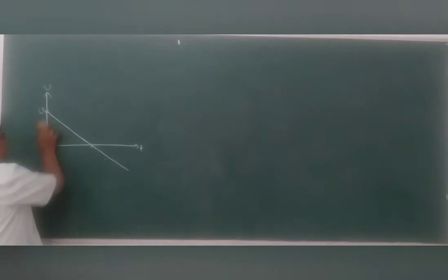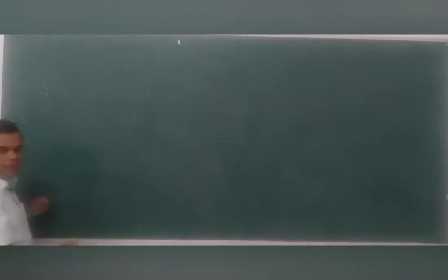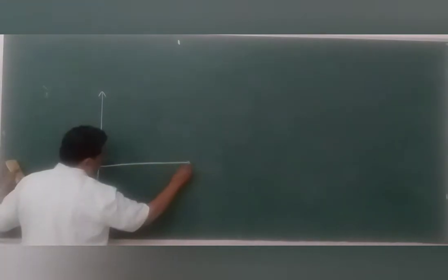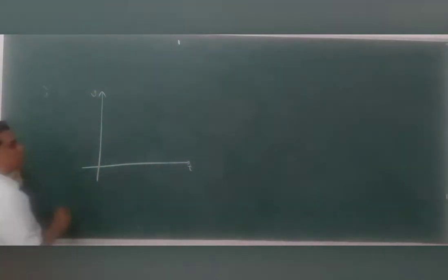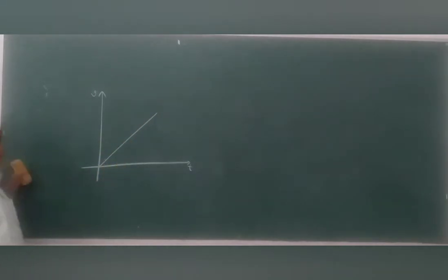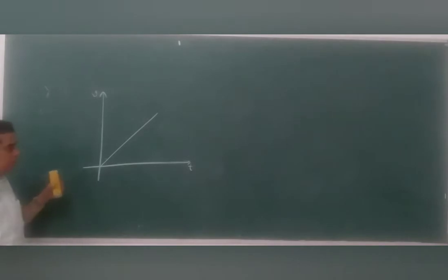Say I take a VT graph for a uniformly accelerated body, I write it. This is the graph I write. A uniformly accelerated body, you know from the previous class. What is the slope of it? I will give you 1 minute.